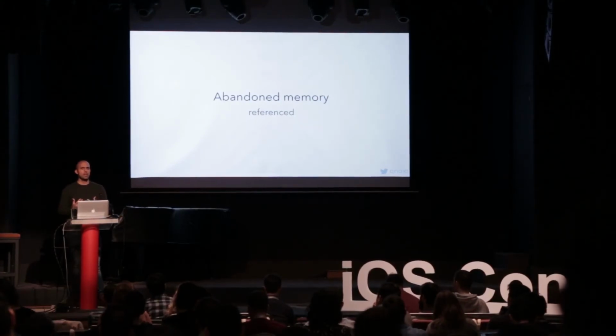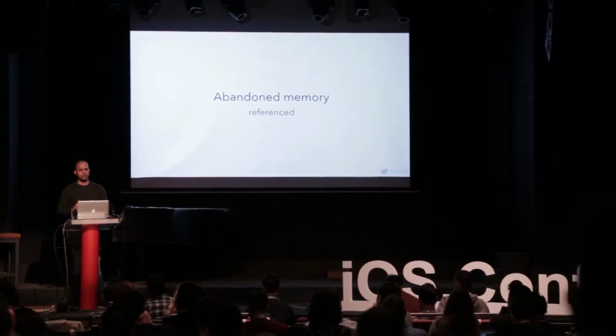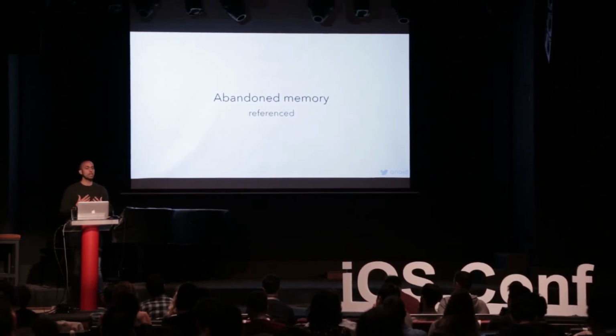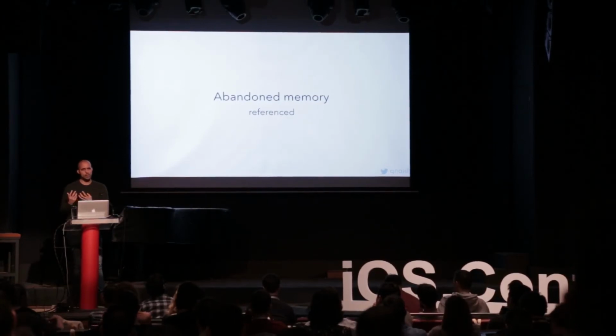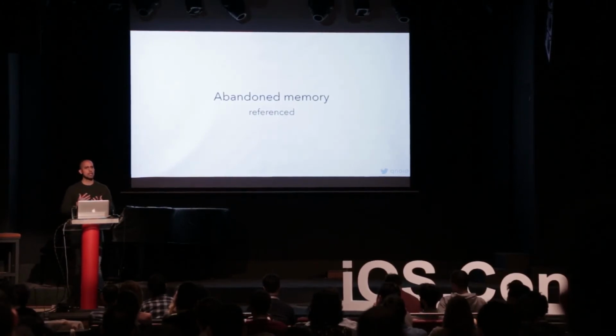Abandoned memory is not a leak in the strict sense. What do I mean by that? Abandoned memory is memory that your application is still referencing, but you're no longer using it in your app in some meaningful way.